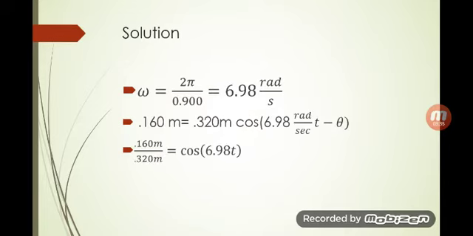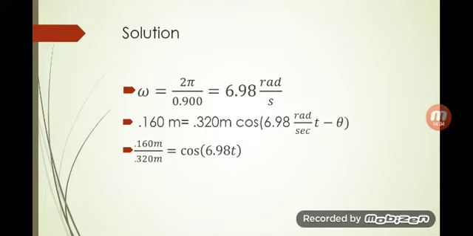Your angular velocity is 2 pi over 0.900, since your period is 0.900, which equals 6.98 rad per second. If you plug that in, x is 0.160 meters, which equals 0.32, the amplitude, times cosine of 6.98 rad per second t minus theta.